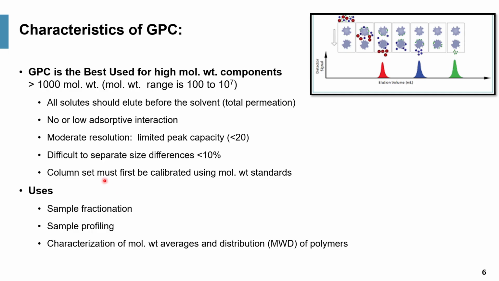And we mentioned that the column set must first be calibrated using narrow range molecular weight standards. I'll give you some examples later on. Uses include sample fractionation, in addition to polymer characterization, sample profiling for different plastics, and characterization of molecular weight averages and also distribution of polymers.